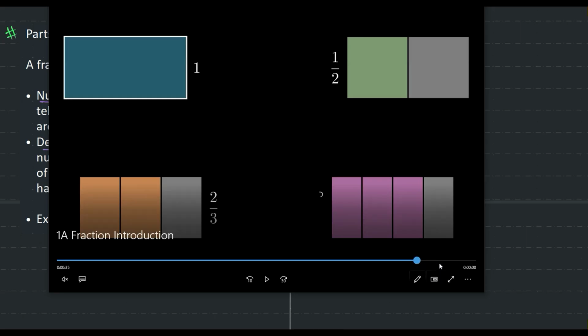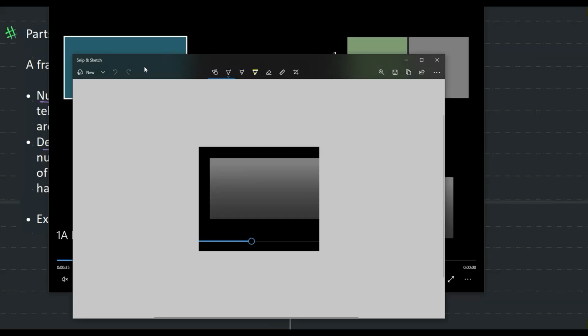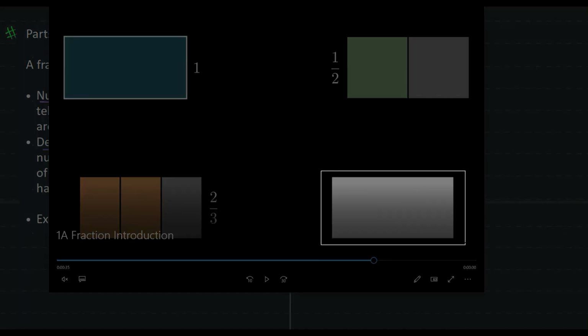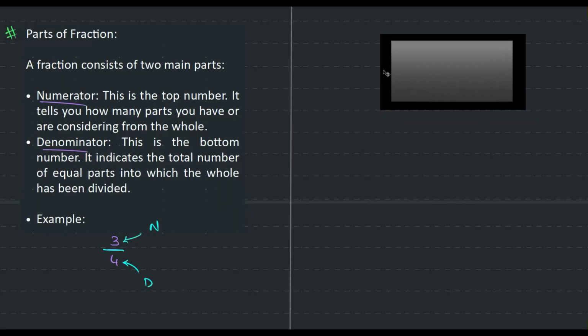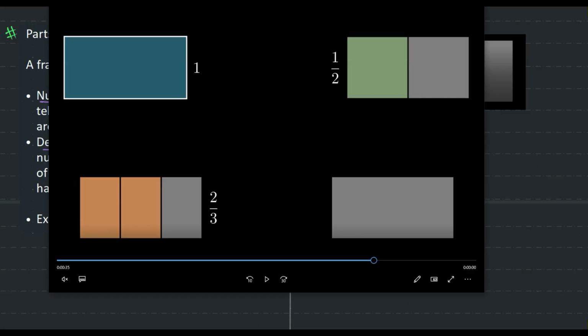Let me go step by step. First thing is we have the entire thing. So this is a whole. Of course, we can't have this entire thing for ourselves because we have more people and we have to divide it equally. So what do you do? First we will divide it.